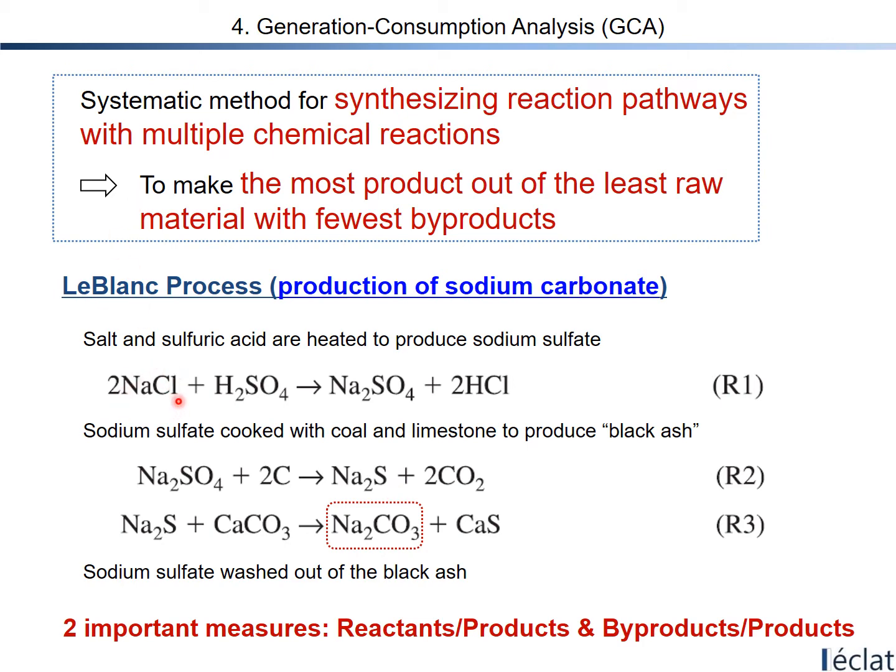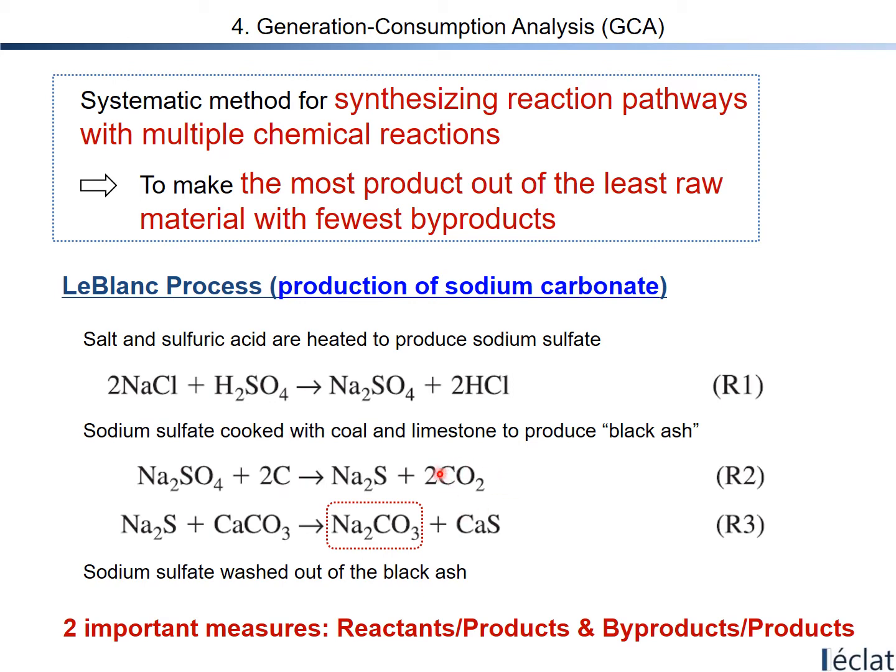Salt, sodium chloride, and sulfuric acid are heated to produce sodium sulfate. It could be a kind of intermediate plus HCl byproduct, and this sodium sulfate is converted to sodium sulfide by the help of carbon.